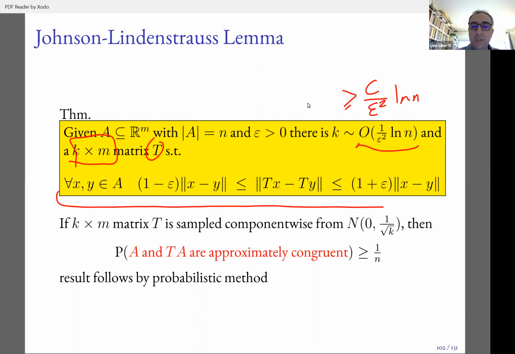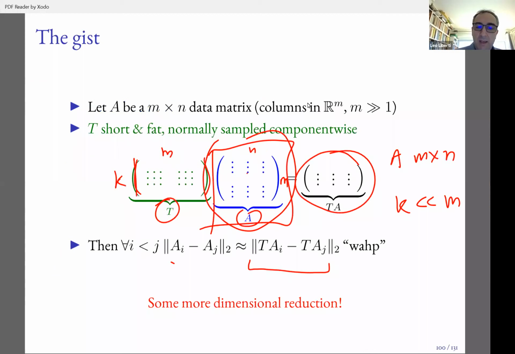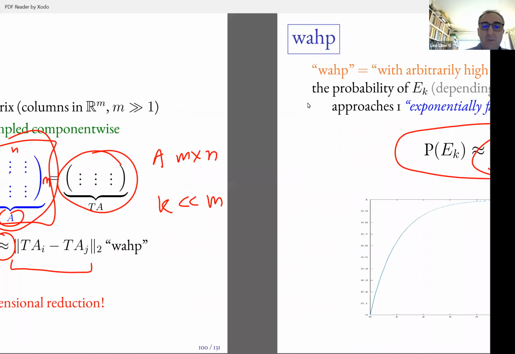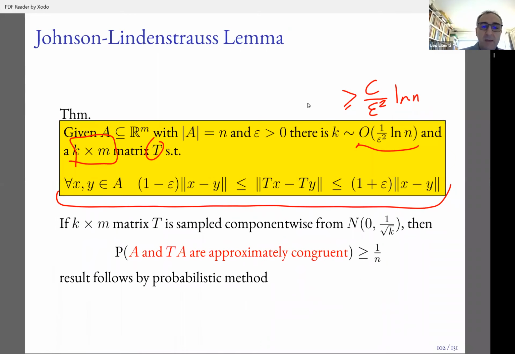And the approximation that I gave here is now more explicitly made out as an epsilon approximation that is multiplicative in nature, okay? So these are all two norms.